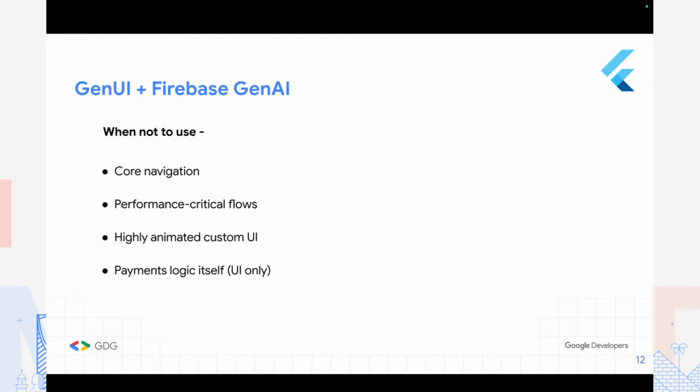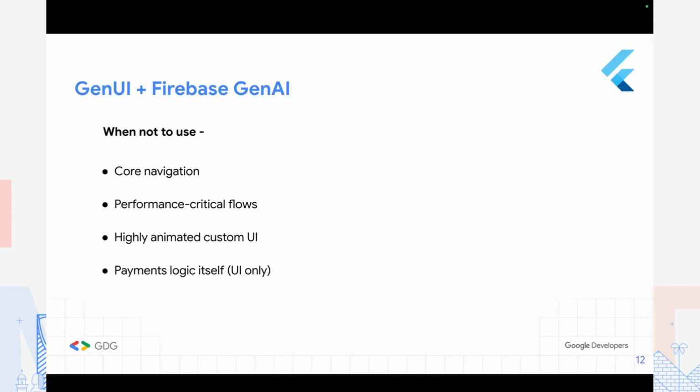So in such places we can avoid using Gen AI, and it is better to manually write the code. Also performance critical flows, where a wrong move can affect the app performance. Such kind of flows we can also avoid using generative AI.